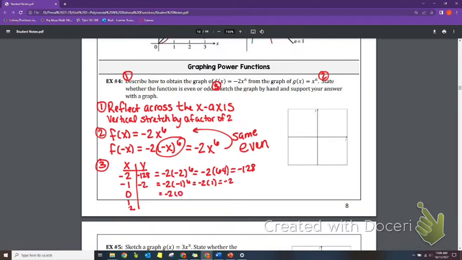Negative 2 times 0 to the 6, negative 2 times 0, which is 0. Negative 2 times 1 to the 6, negative 2 times 1, which is negative 2. And the last one is negative 2 times 2 to the 6, negative 2 times 64, which is negative 128.